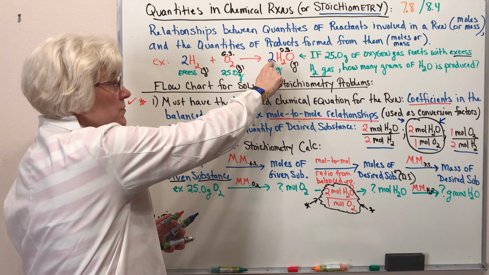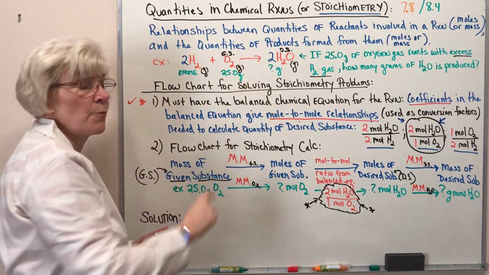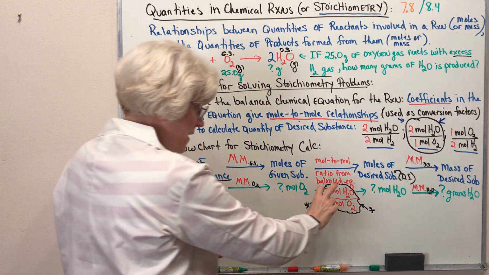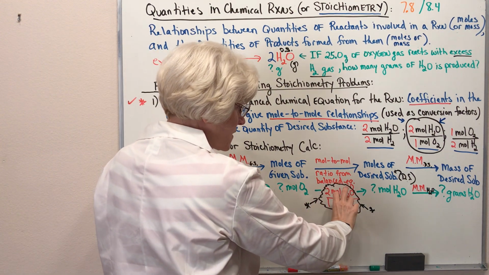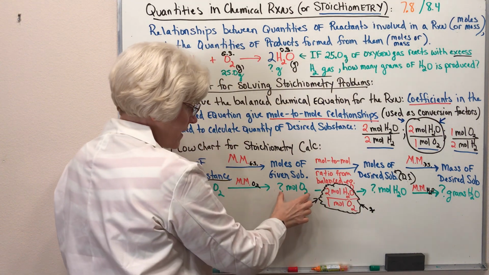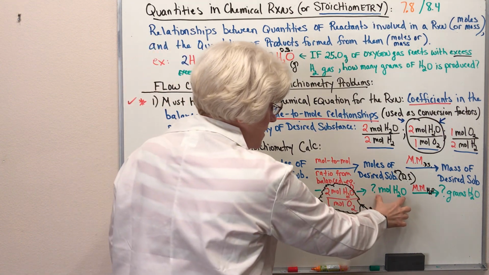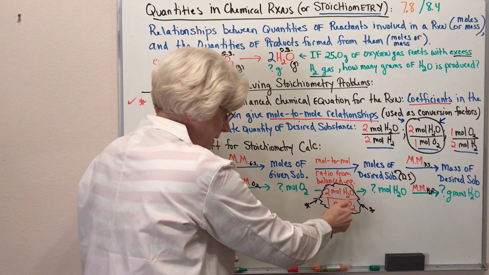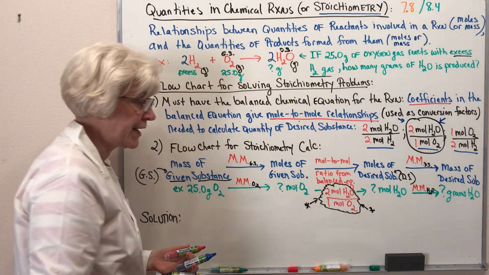Coefficients involved. 2 moles of water produced for every 1 mole of oxygen that reacts. Once we use this mole-to-mole ratio as a conversion factor, we can convert from moles of oxygen to moles of water in this one-step calculation happening here.